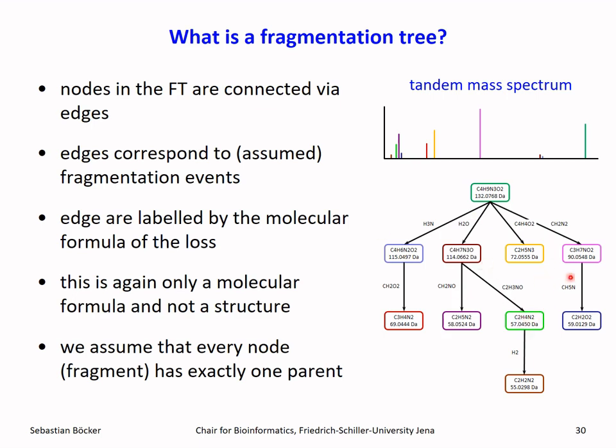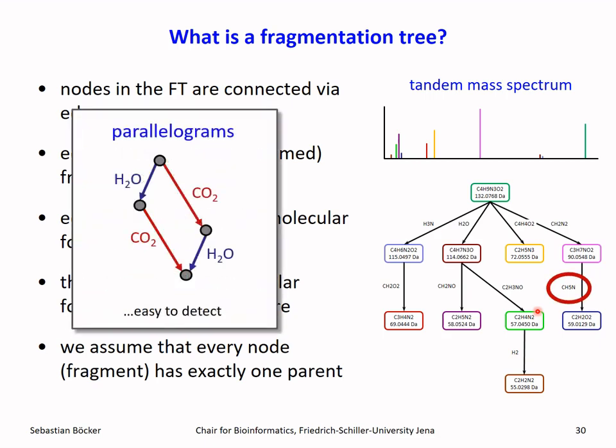And there the justification is a little bit harder, because we often see that one fragment can come from two other positions. Okay, here's just the loss again. And what you often see are what we call parallelograms. Parallelogram means that two pretty common losses like H2O and CO2 either happen H2O first and then CO2, or CO2 first and then H2O.